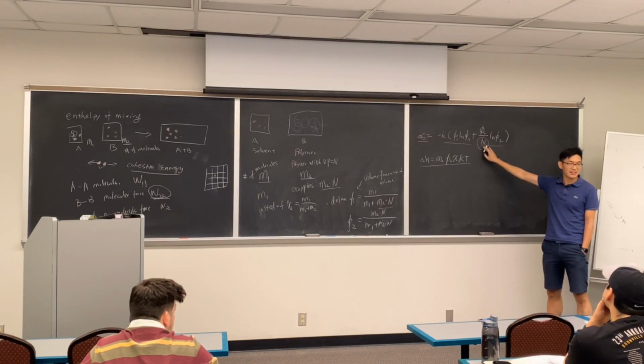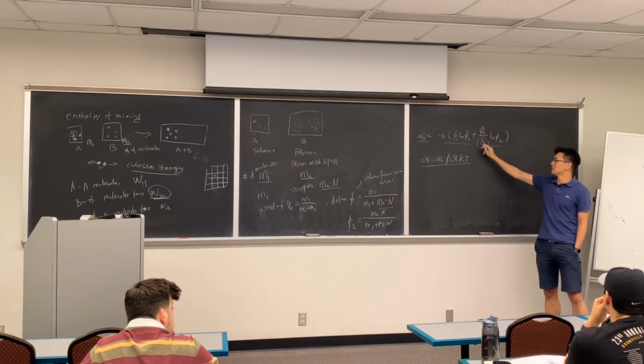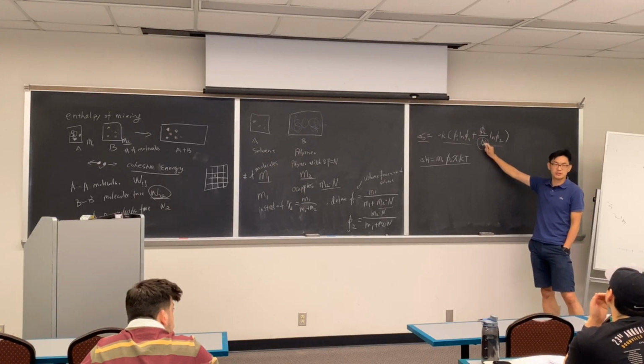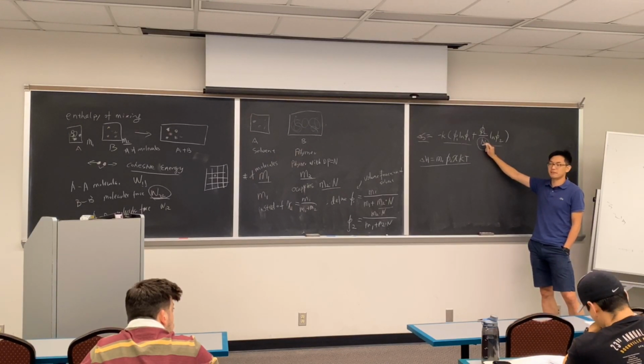Huge, right? If you think about the other case where we talked about mixing toluene and hexane, now one part becomes a polymer, and the entropy contribution is reduced by n. N could be a factor of 100 or 1,000. Your entropy contribution to the mixing is tremendously reduced.